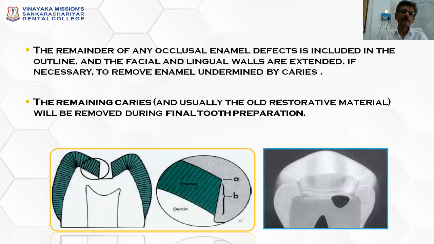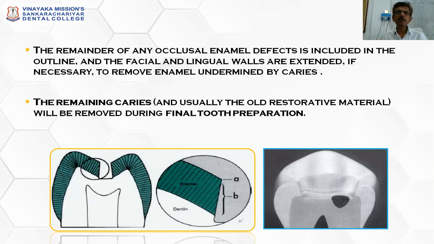The remaining caries, and usually the old restorative materials, definitely will have to be removed during the final tooth preparation. Why is this to be done? There are certain cases wherein you have old fractured restorations coming down to the clinic and you want to replace the restoration, or you have one cavity that is caries and on the other side the old amalgam restoration is there.